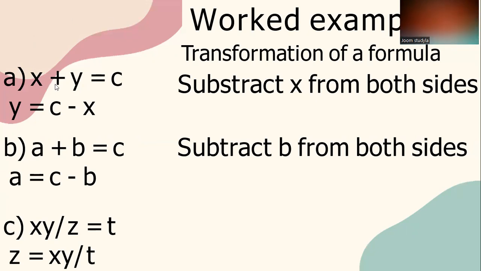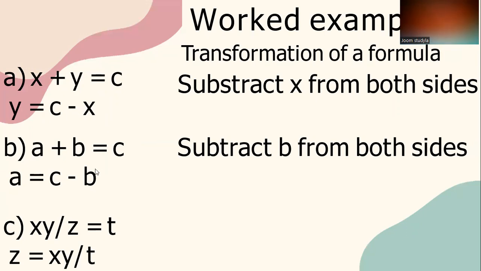x + y = c. So what you have to do is put y on its own outside, and it becomes c. When you transfer x to this side, it becomes subtract. That's why we get the equation y = c - x.